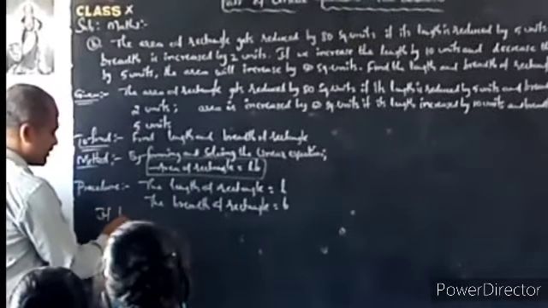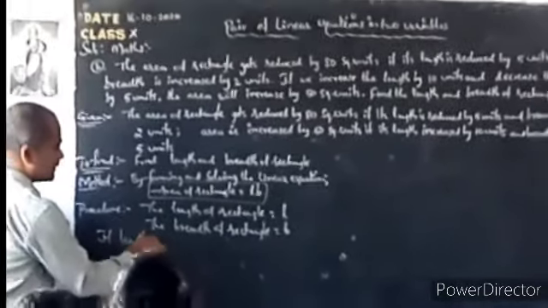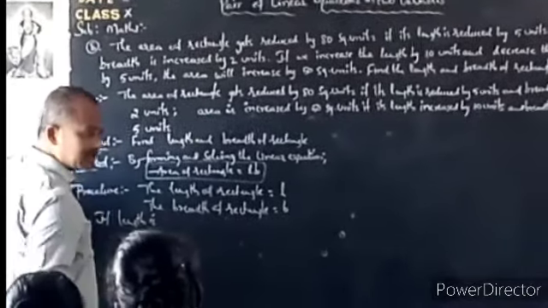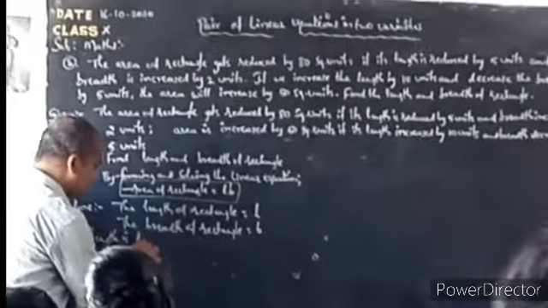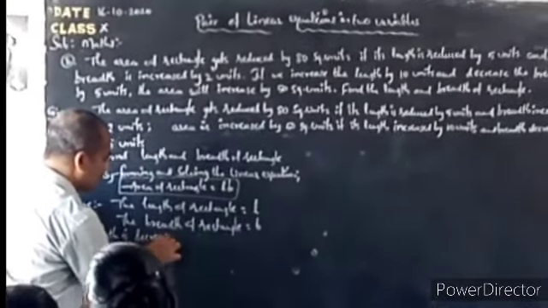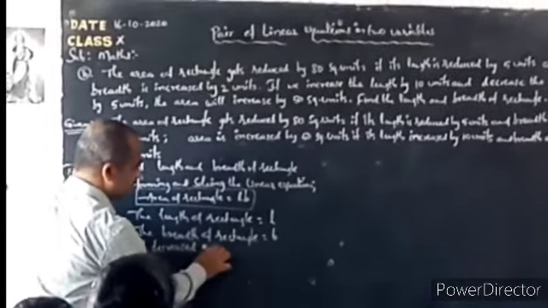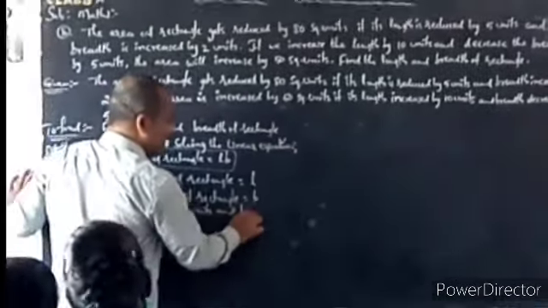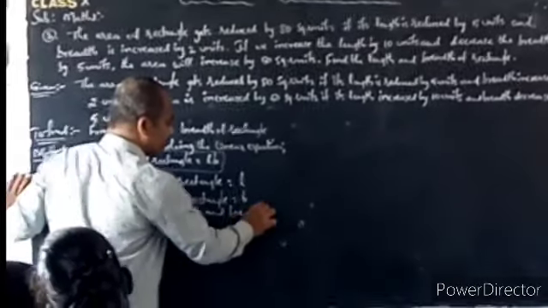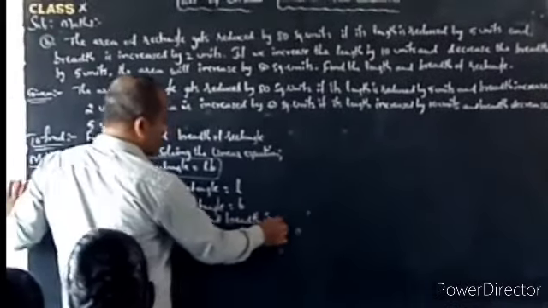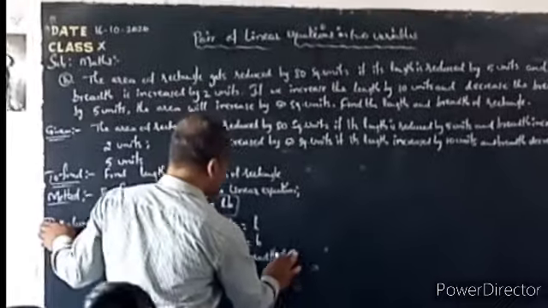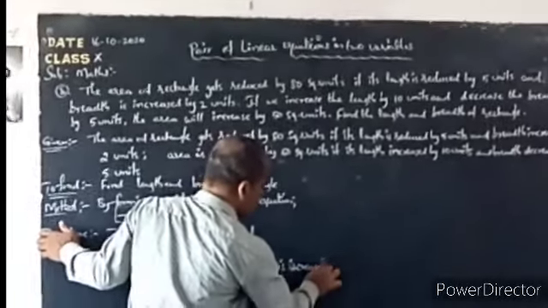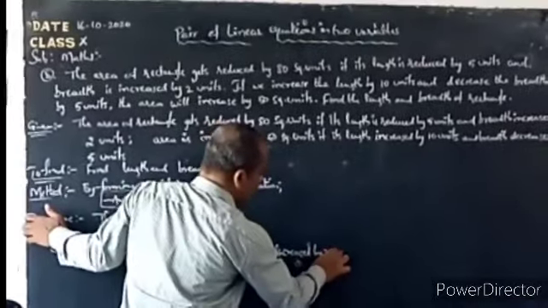If the length is decreased, reduced is nothing but decrease only. Length is decreased by 5 units and breadth is increased by 2 units.